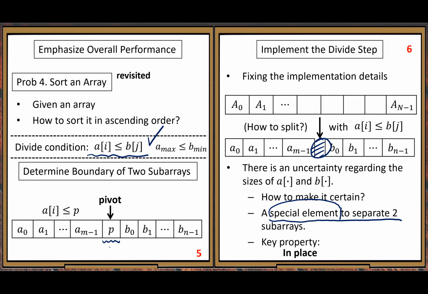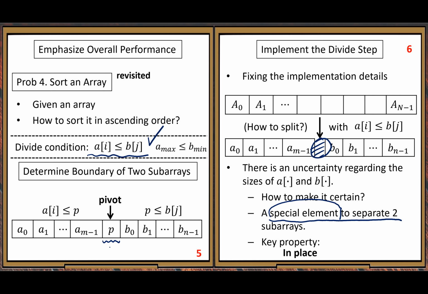In the right subarray, the P value is less than or equal to B of J. That's the important property of this pivot element.